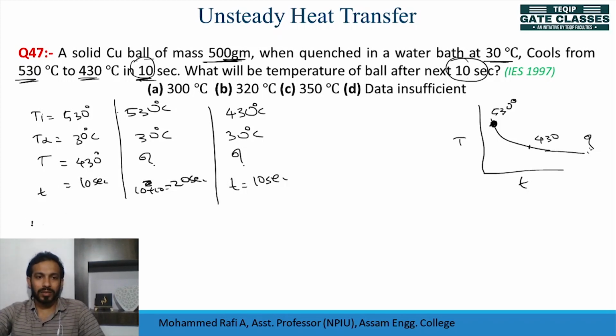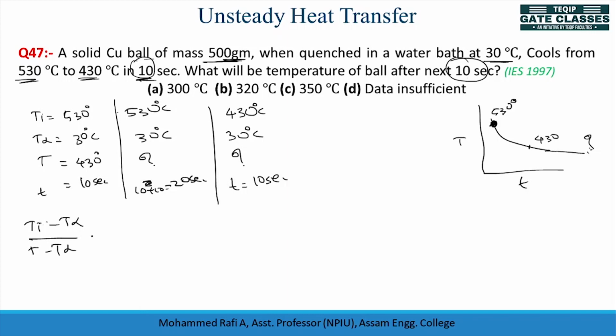Our basic equation is (Ti minus T infinity) divided by (T minus T infinity) equals e to the power of hA by rho c V into time, that is tau divided by tau c, some constant, whatever may be the time constant. Here it will be the same throughout. So suppose I apply it to this case: Ti is 530, so (530 minus 30) divided by (430 minus 30) equals e to the power x, just term it as x, whatever hA by rho Cp V may be, into the time, which is 10.